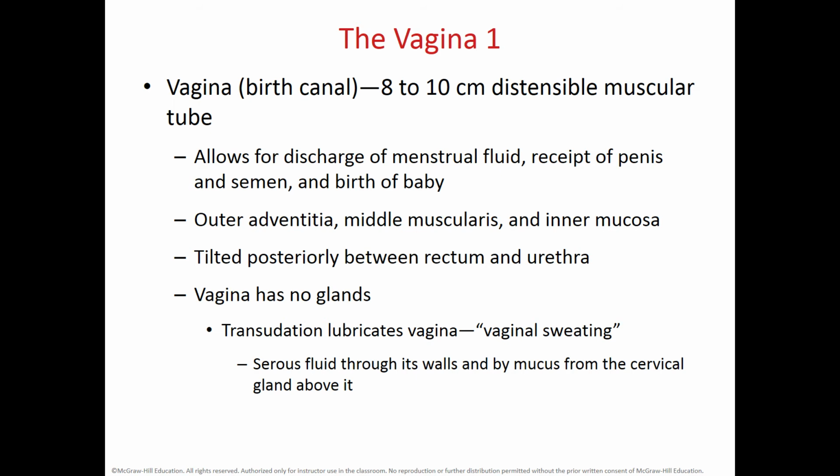It has different layers. So the internal layer is mucosa, a stratified squamous epithelium without keratin, and the next layer is the muscular layer, and then outer to this muscular layer you have an adventitia. It is tilted posteriorly between the rectum and the urethra, and the vagina has no glands.